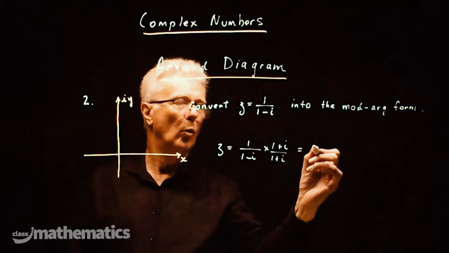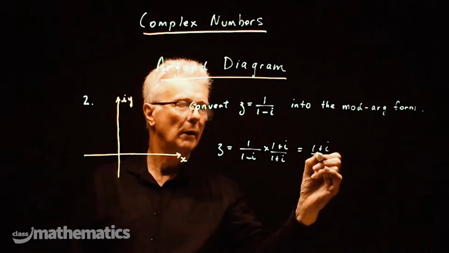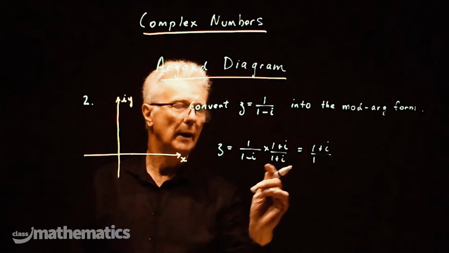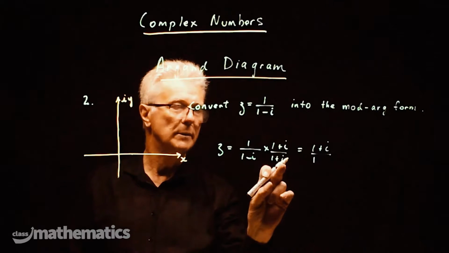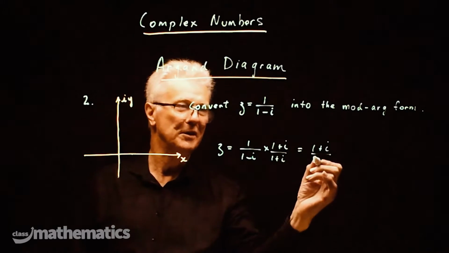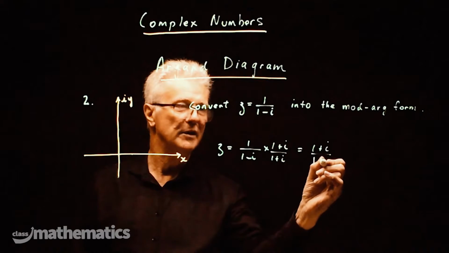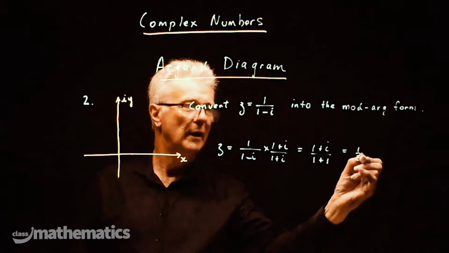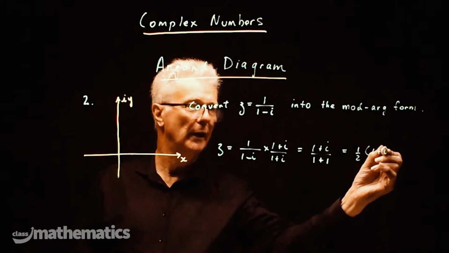And that will give me 1 plus i over, this will be 1 times 1 is 1, and i times i is minus 1, but minus 1 times 1 is minus again, so it's going to be just plus 1. Just be careful with this one. And that gives me a half outside of 1 plus i.